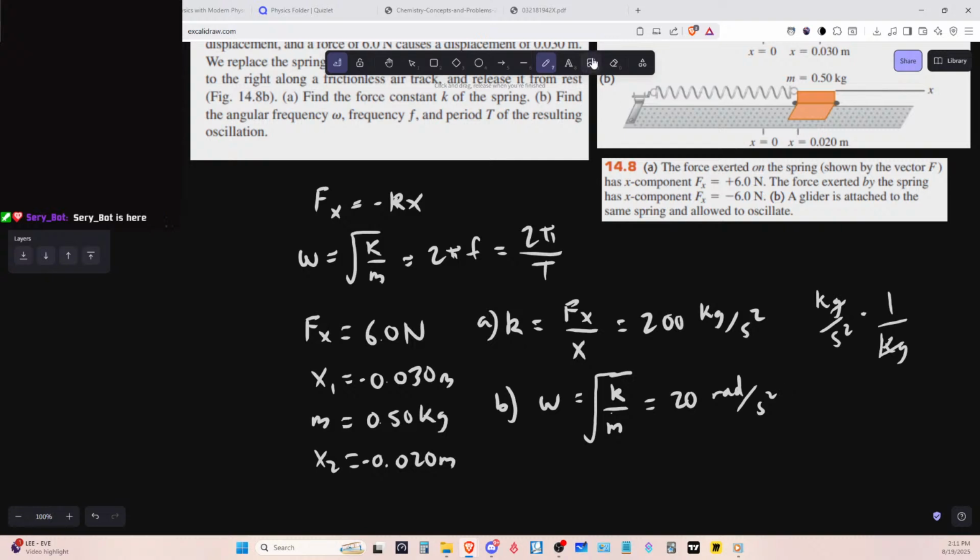Well, then again, we also have the square root, so it's not squared anymore. Okay, I'm trying to make sure that I keep the units correct. So we got 20, and now we don't have a frequency, so we have to figure out what the frequency is. But I think we can do that.